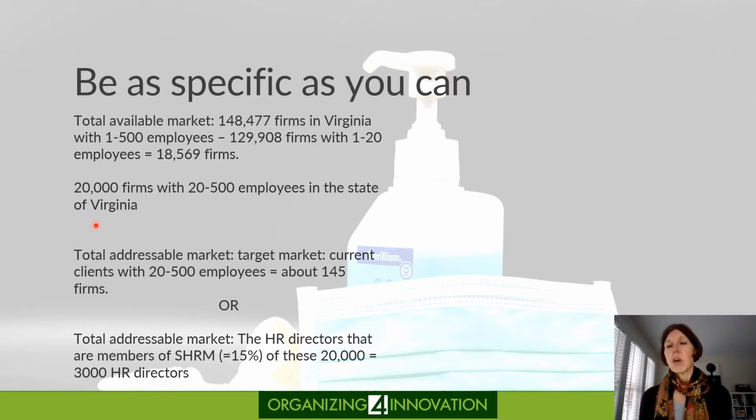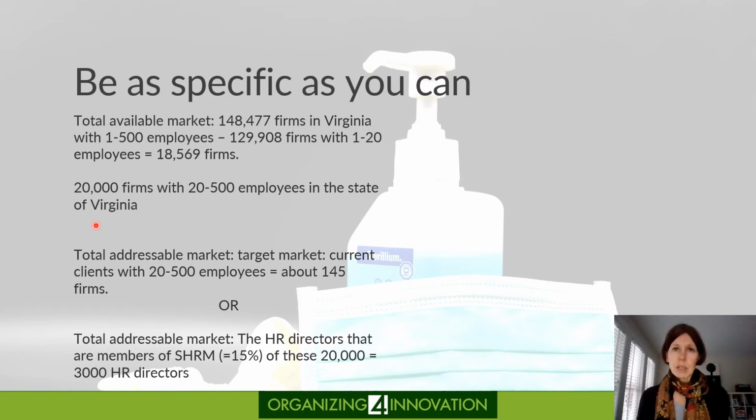Alternatively, we could say, well, our COVID tracker is not for our current clients, but it is for new clients. We want to reach a new target market. So we're not going to the general counsel, whom you normally serve, but we go to the HR managers. In that case, you could, for instance, look up how many of these HR members are members of the SEHRM, which database you may have, and then you can reach out to them, say that's 15%.